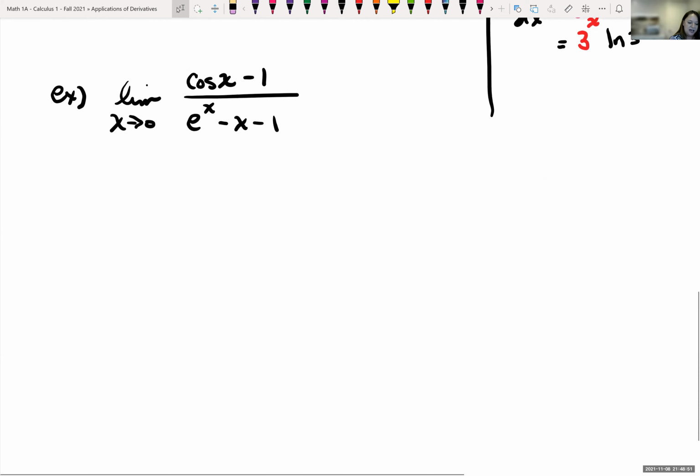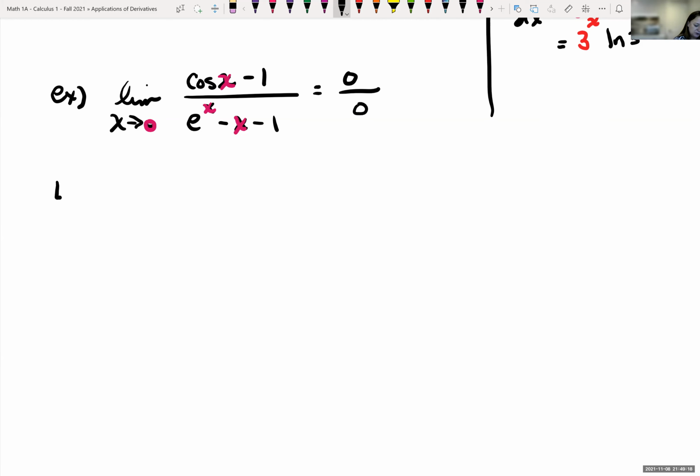So right away, I would do direct substitution. That's always how you want to start with your limits. Plug in your value. We're approaching 0, so plug in 0 wherever you see an x. Well, cosine of 0 is 1. 1 minus 1 in our numerator is 0. All over e to the 0 is 1 minus 0. So that's 1. And then minus 1 gives me 0.